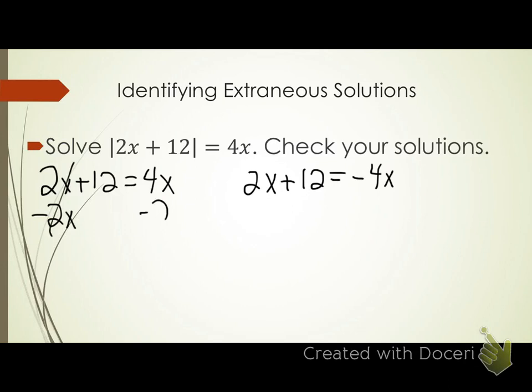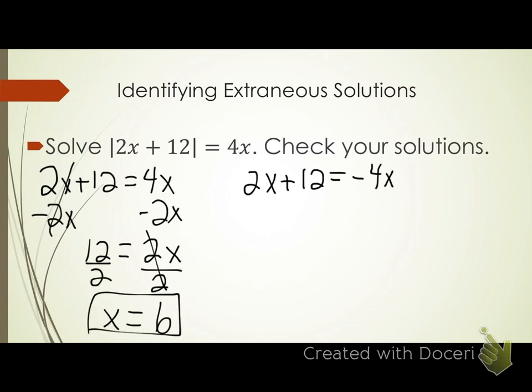So I'll subtract 2x here and here. 4x minus 2x gives me 2x. From there, how would I get x by itself? Divide by 2 on both sides. So for this one, x equals what? 6. Questions how we got that?